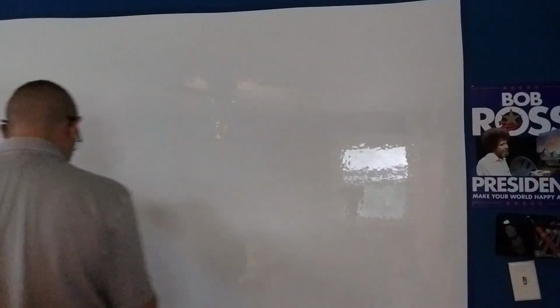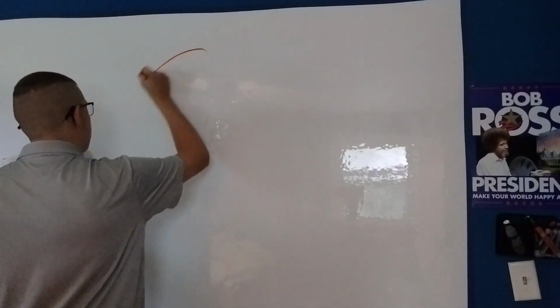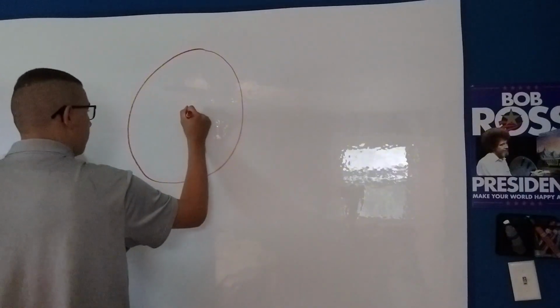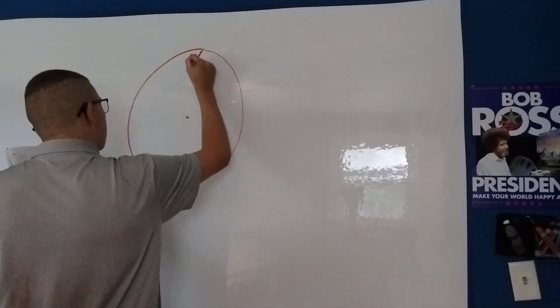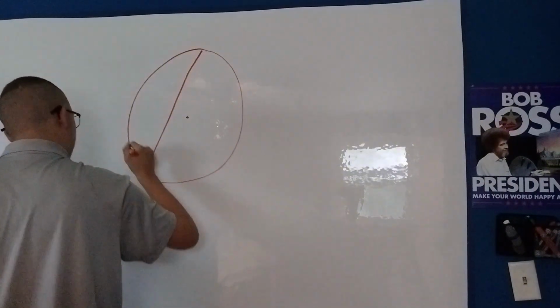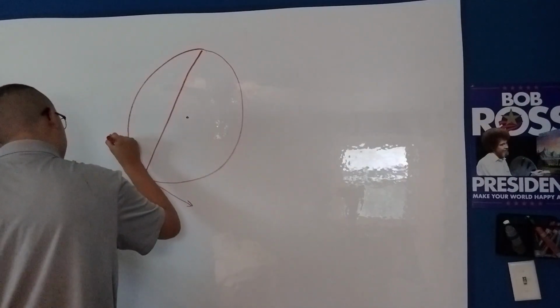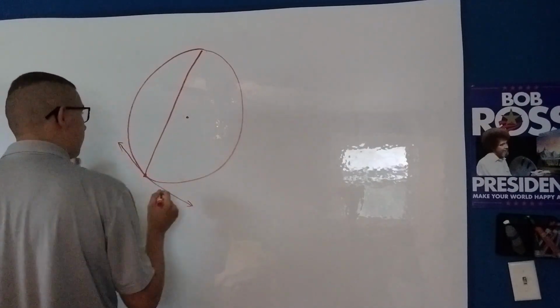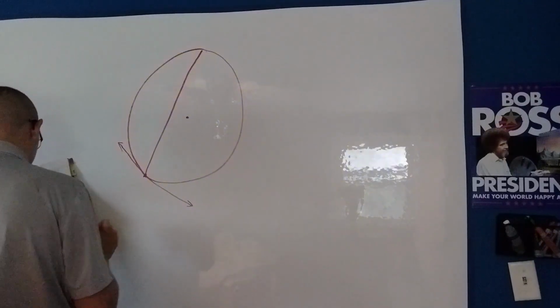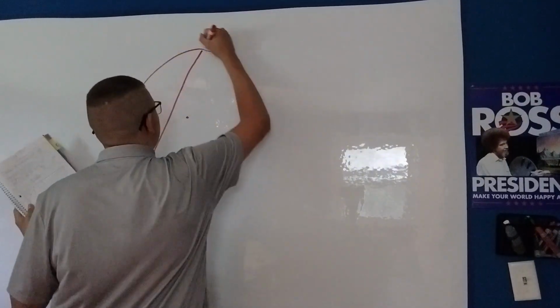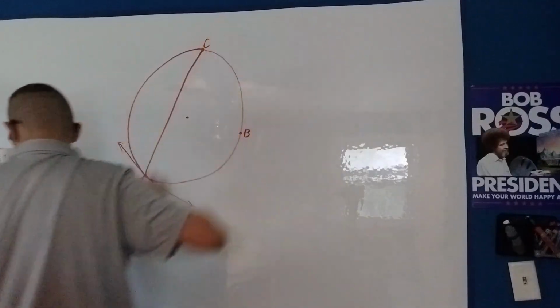Number one, we have a circle like this, right here. Our chord and tangent, like that. We'll label this A, B, C, like that.